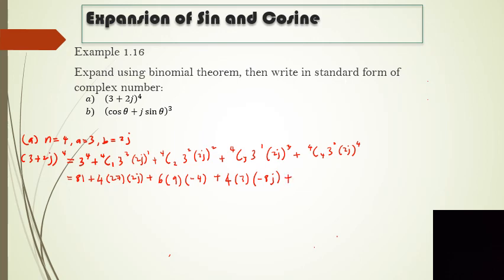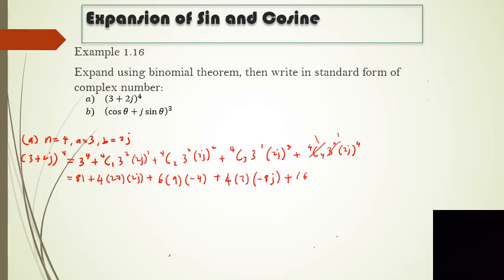Plus 4C4 is 1. 3^0 is 1. (2j)^4: 2^4 is 16, j^4 is 1. So the answer is 16.